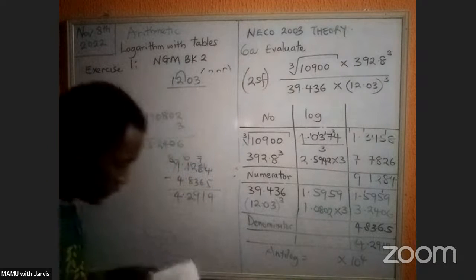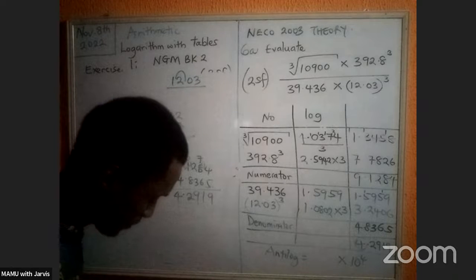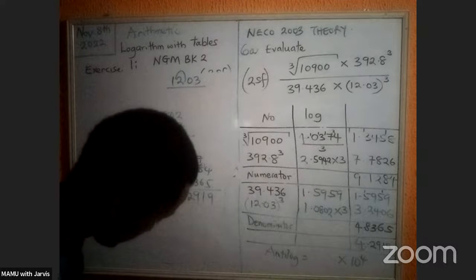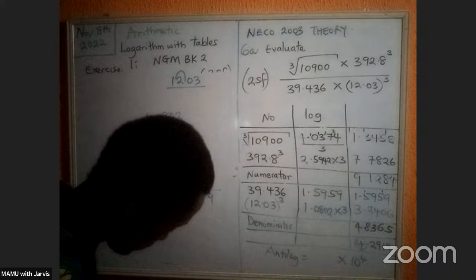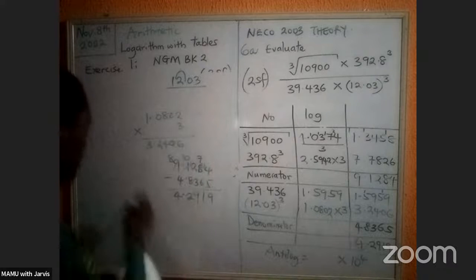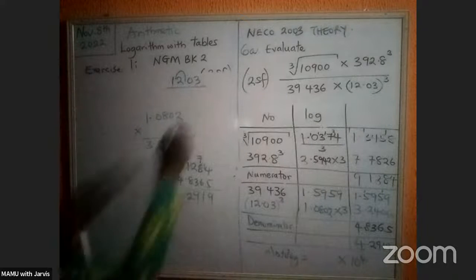So I'll check 29 under 1. That's 1.824, that'll be 1 point.